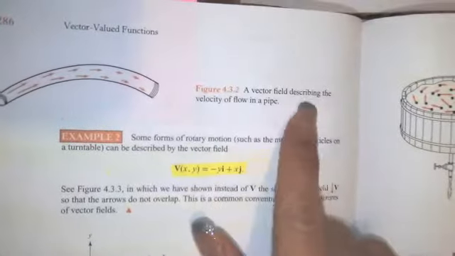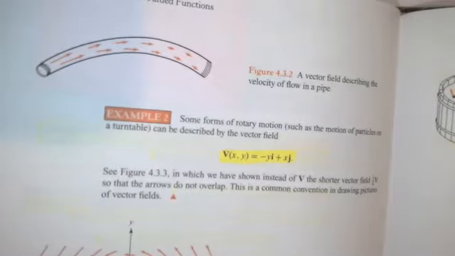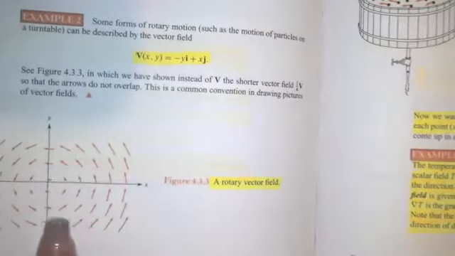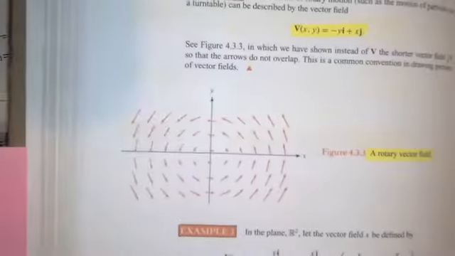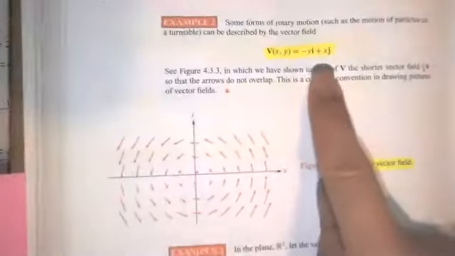And you can think of the velocity field describing velocity of fluid flow in a pipe, like this. That velocity field might be a function of x, y, z, and t, or maybe not. Maybe the whole time, every particle at that location has a certain velocity. So you might have a velocity field that depends on position only. This is called a rotary vector field. And it's actually the same field that I was sketching for you.